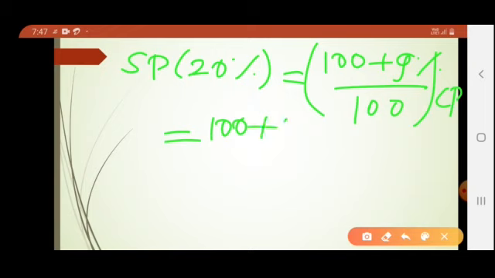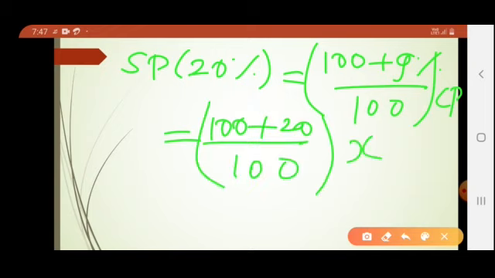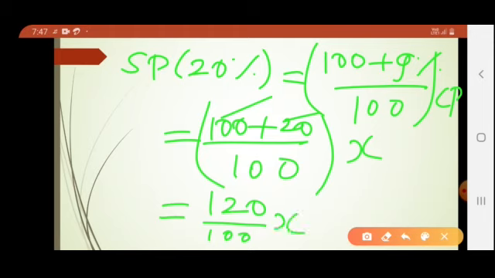Again I am writing this step for your clarification. Now 100 plus 20, 120 by 100 into X. Clear? So now we have SP of 12% and SP of 20%.